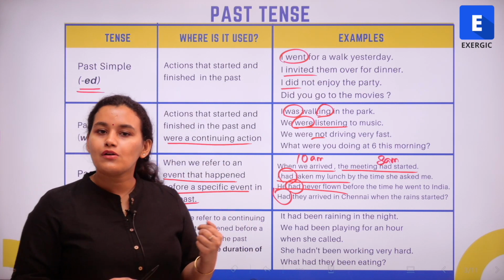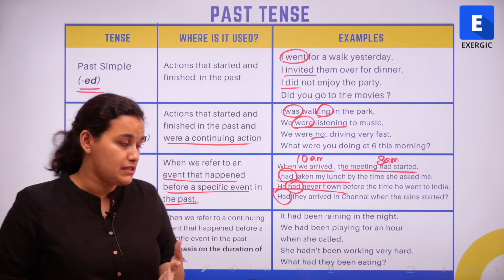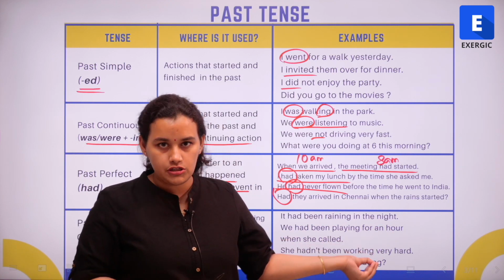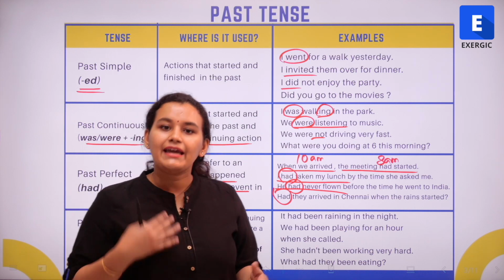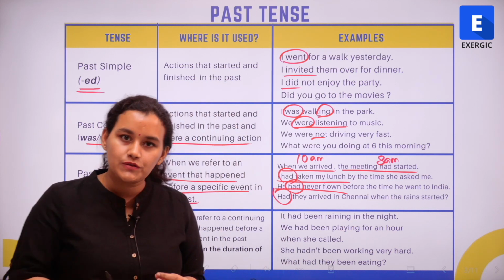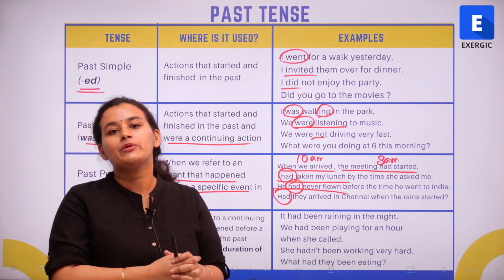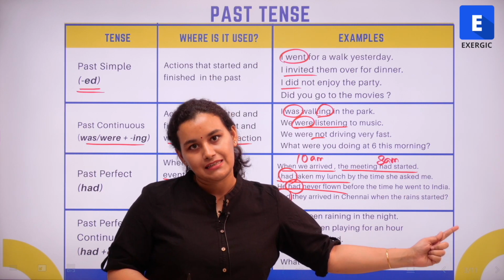However, you can also have a complete sentence where only one event is being referred to. For example, if I say, he had never flown before, full stop. That is also a grammatically correct sentence. But in our everyday usage for spoken as well as written English, it is generally accompanied with either another sentence or another part of the same sentence.